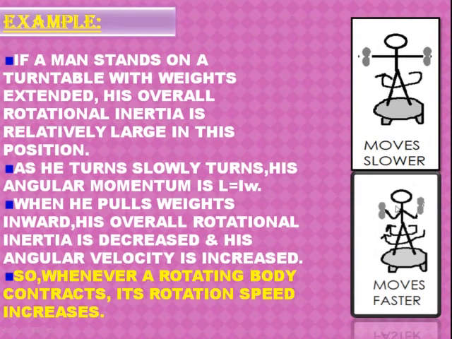When he pulls the weights inward, his overall rotational inertia is decreased and his angular velocity is increased. So, in conclusion, we can say whenever a rotating body contracts, its rotational speed increases.